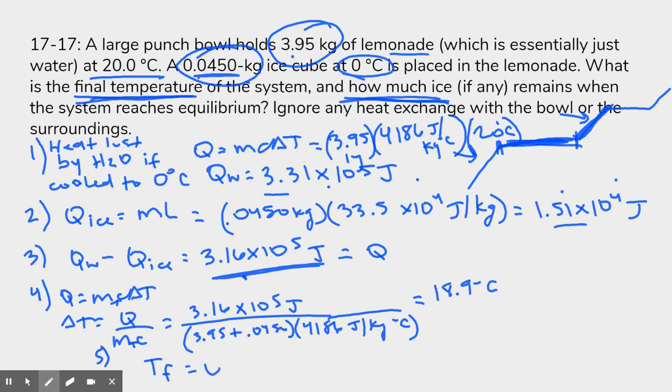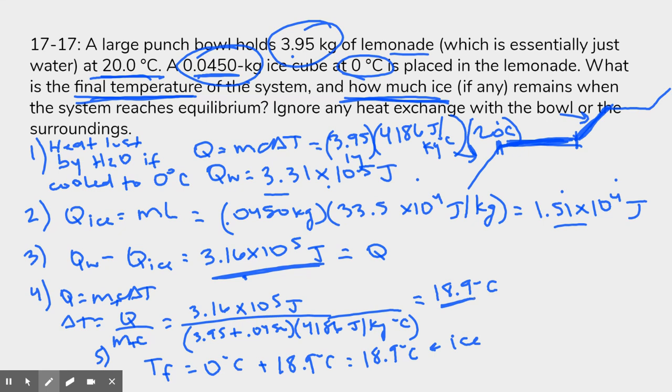So it's going to be 0 degrees Celsius plus 18.9 degrees Celsius equals 18.9 degrees Celsius. So that's what would have happened to our ice, which is now water. And we see that the water started at 20 and ended up at the final temperature of 18.9 degrees Celsius, so it didn't change very much.